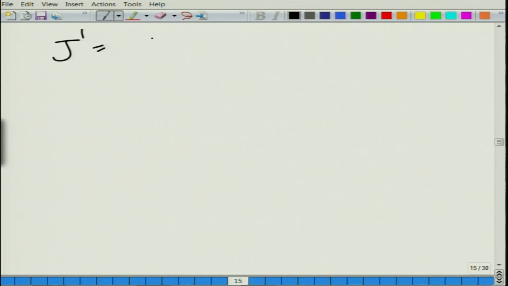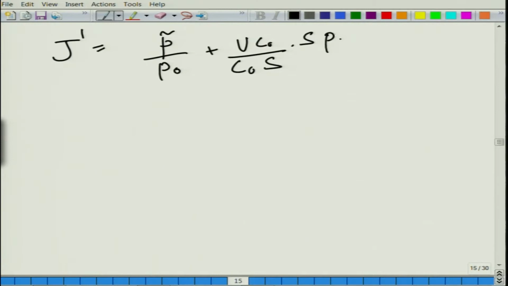We are going to say something like this: p tilde by rho naught, and u naught c naught, we will multiply and divide the numerator and the denominator, and we are also going to do the same thing with the cross section area S. And remember what we get here, there is no rho. So, if we multiply here by rho naught, there is u naught times this thing. Here we had also u naught, actually I am sorry, and this was something like this.